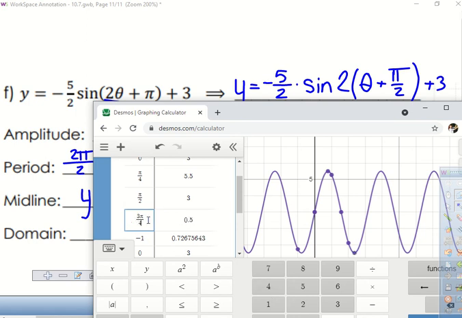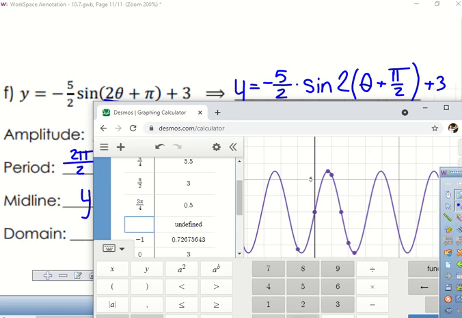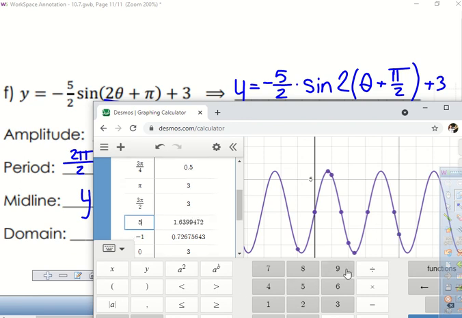The graph will tell you if you're missing something important. Pi, 3 pi divided by 2. We're on 7.